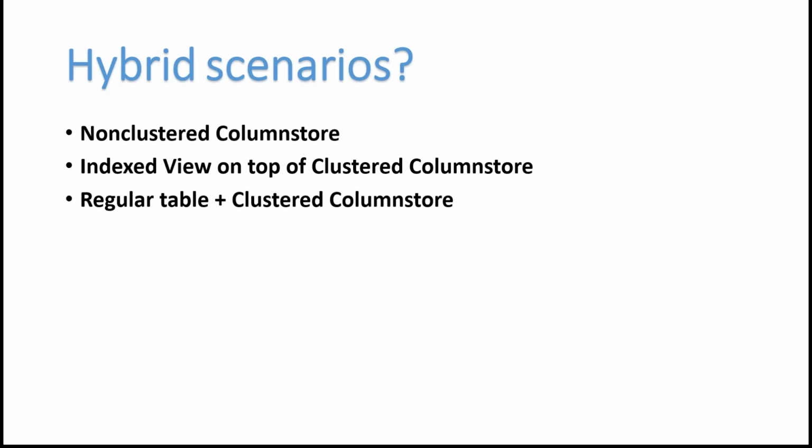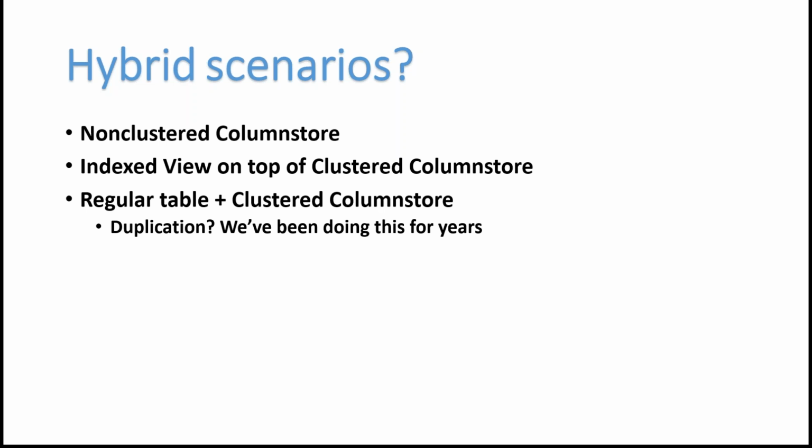And there's another scenario, which is to use a regular table side by side with the clustered column store table. Some queries will go to the regular table, and some queries will go to the clustered column store. The point lookup queries will go to the regular table, and the reporting queries will go to the clustered column store. And if someone says that we basically duplicate the data, I will say that we've been doing this for years.